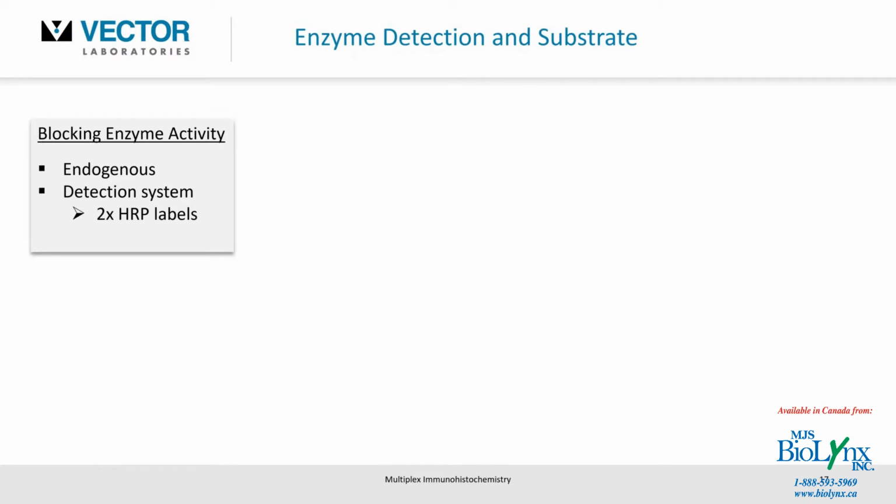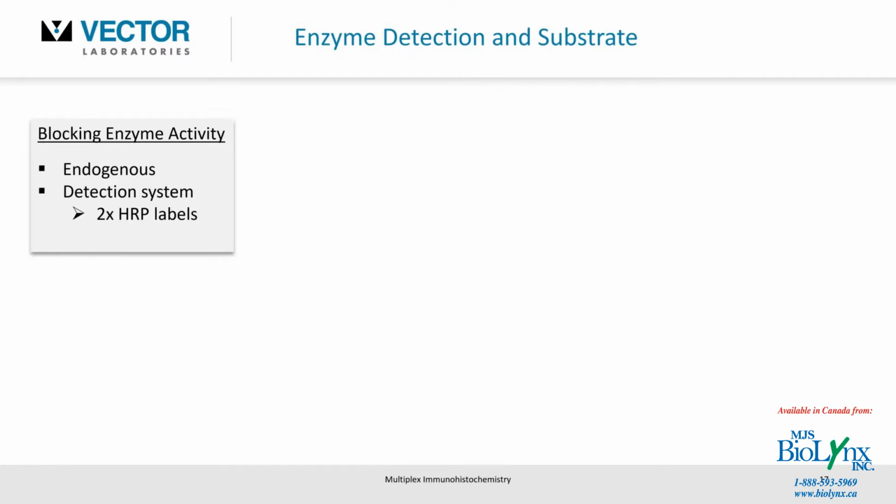So just ensure that the blocking is done appropriately, both for the endogenous enzyme activity, as well as potentially any cross-reactivity that you might see with, say, two peroxidase-based labels or two alkaline phosphatase-based labels, and make sure that those appropriate controls are in place.